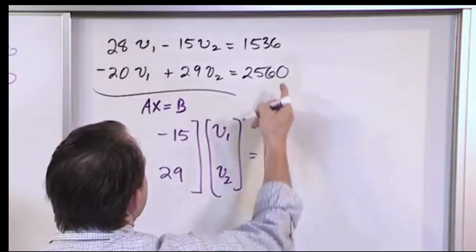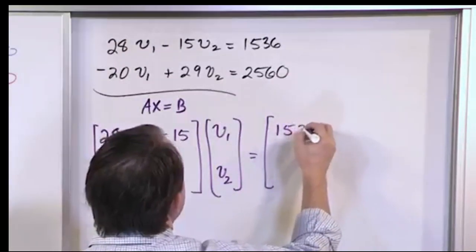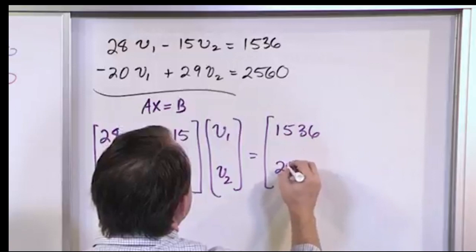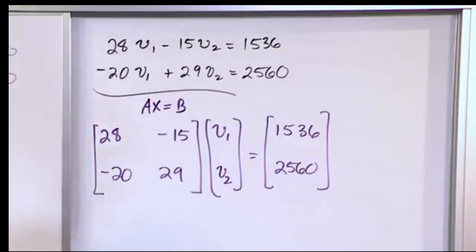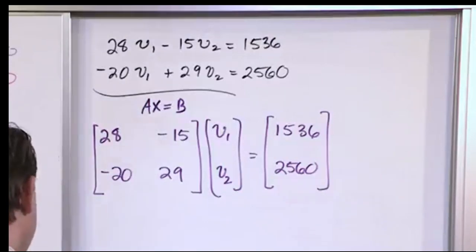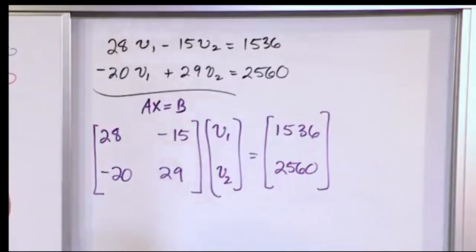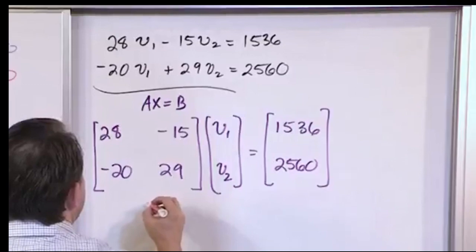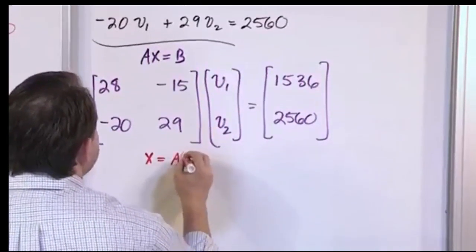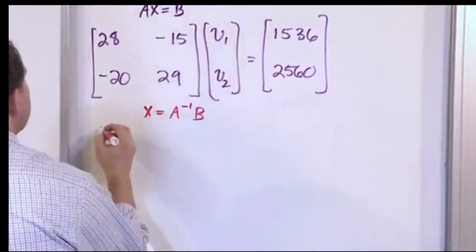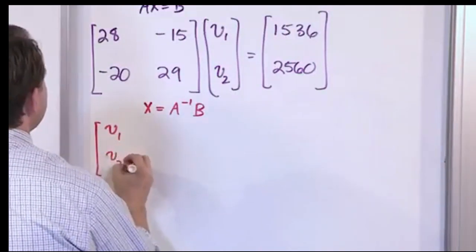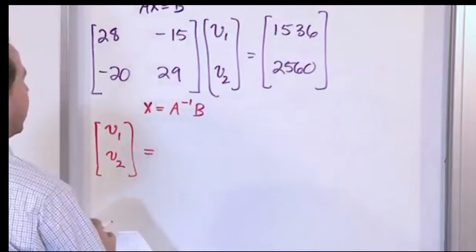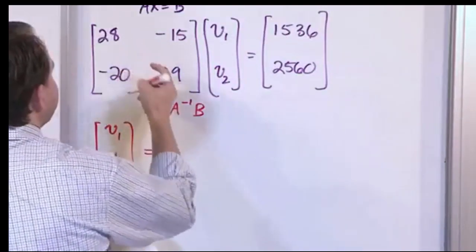And on the right-hand side, we just have what's over here, 1536 and 2560. So since we know that the solution is going to be the inverse of matrix A times B, then what we're going to basically have is V1 and V2 equal to the inverse of this matrix.